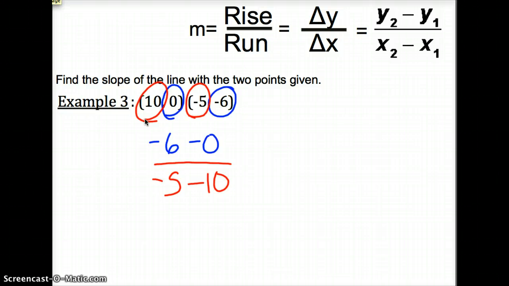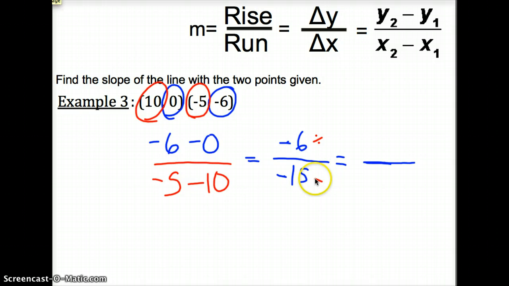So let's simplify this and see what we get. Negative 6 over negative 15. So let's see how to simplify this. First of all, a negative divided by a negative I know is a positive, so I'm going to change this to a positive answer. So I don't need a negative sign here. But I need to simplify this fraction. So remember, we divide top and bottom by something that both of them are divisible by.